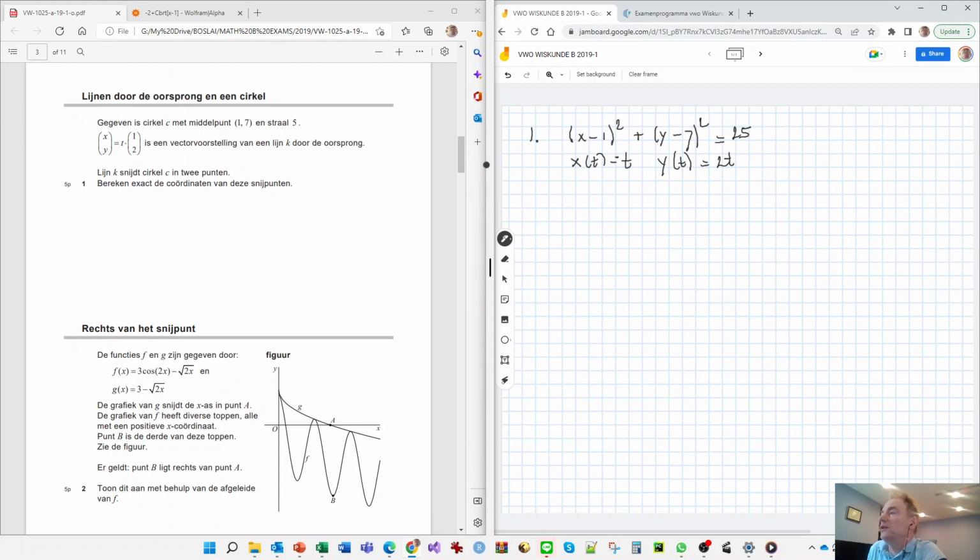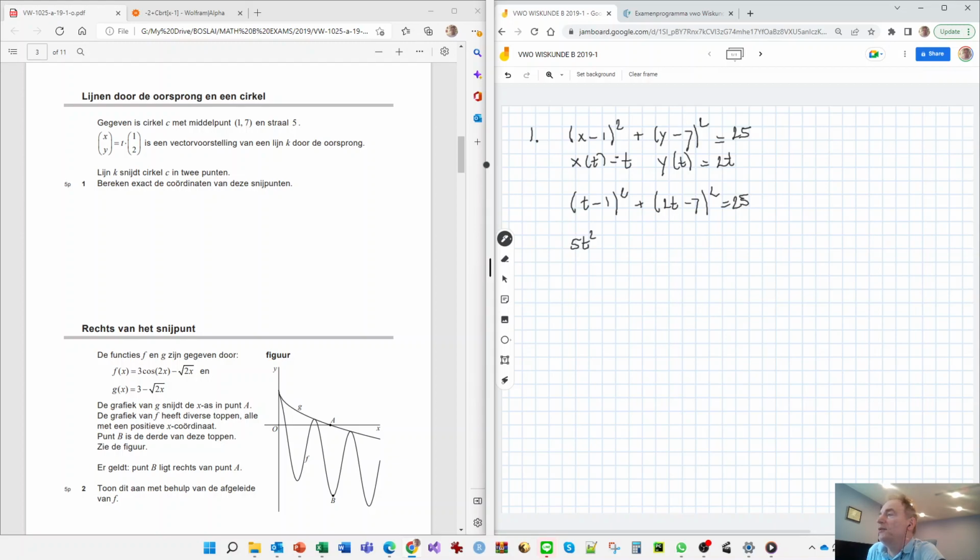So substitute it, then we get t minus 1 squared plus 2t minus 7 squared is 25. Now get all the like terms together, t squared plus 4t squared, it's 5t squared. Use the FOIL method or whatever method you want to get rid of these brackets.